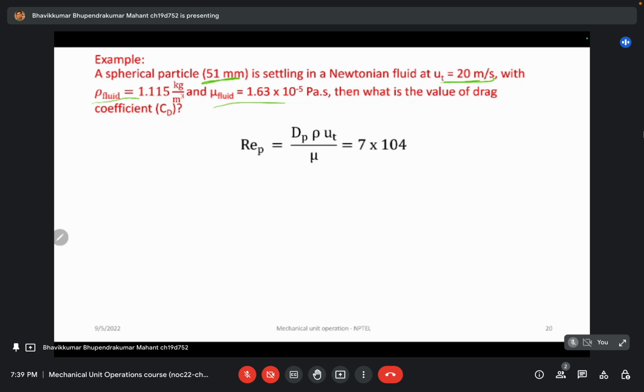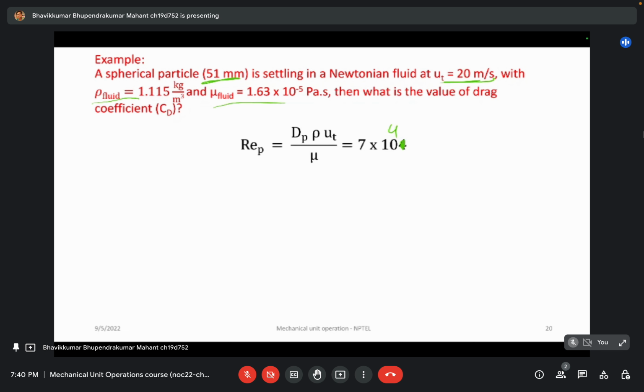This is the question. Now first of all we need to consider whether this spherical particle flow is in the Stokes flow regime. Is it a lower Reynolds number or a higher Reynolds number? So it is 10 to the power 4. According to that we can go for the value of CD.